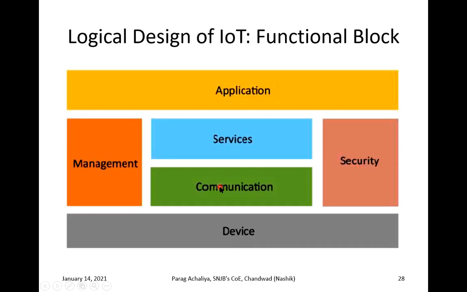How the communication takes place will be a different task. What kind of security you are going to implement, that is a different task. What kind of services the IoT application is going to use is a different task. It is just an overview of your IoT application. So that's why it is named your functional block diagram or logical design of your IoT device or IoT application.